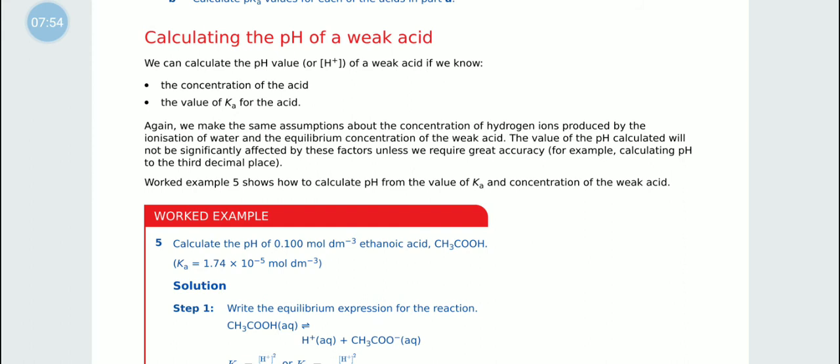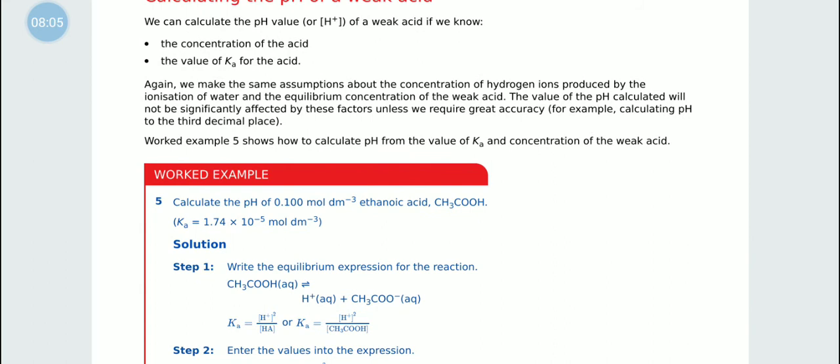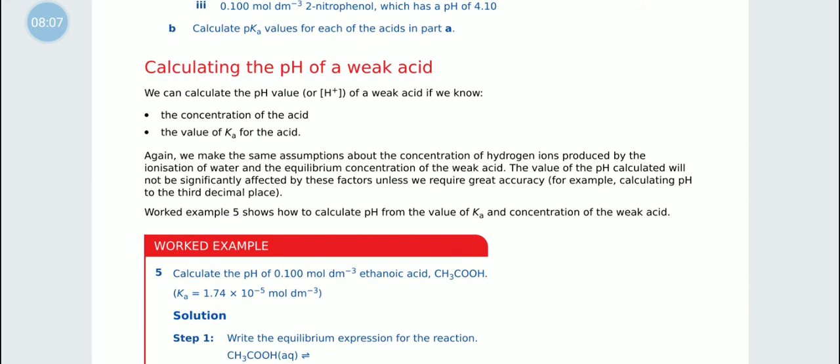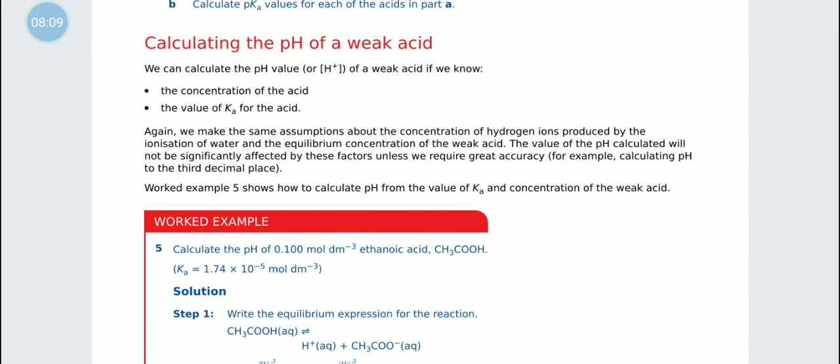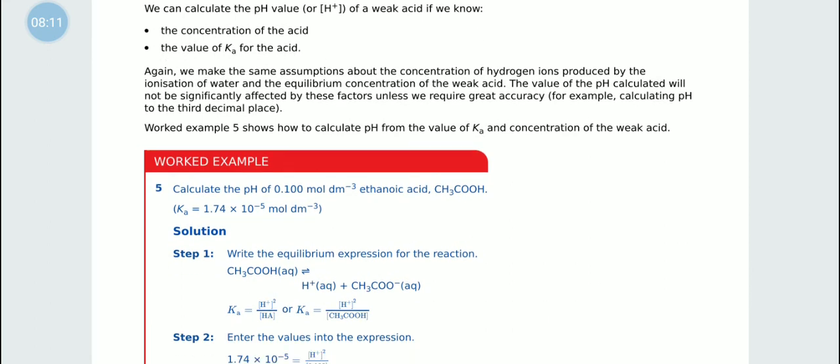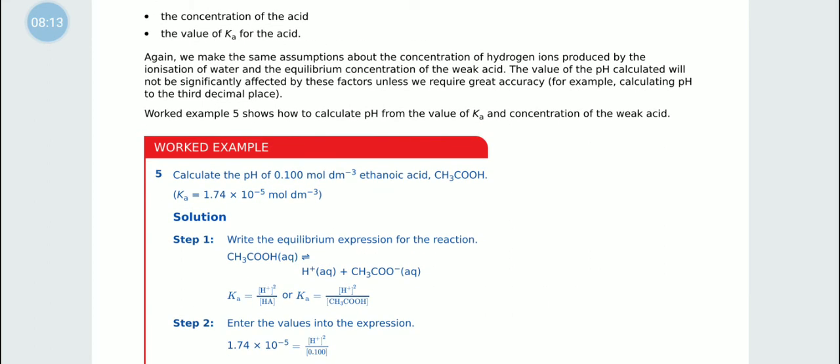Again, we make the same assumptions and we calculate the pH based on these values. First of all, we use the Ka to find out the pH of the ethanoic acid here. They have given us a 0.1 mol per cubic decimeter ethanoic acid, and Ka has been given. So we write the equilibrium expression. We know that Ka is equal to [H+] squared divided by [CH3COOH].